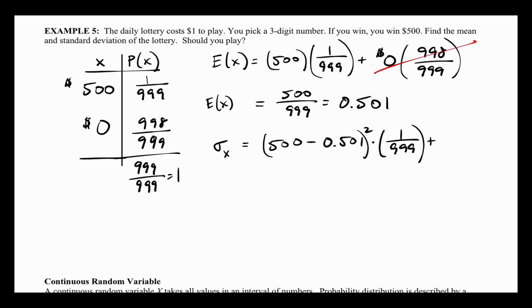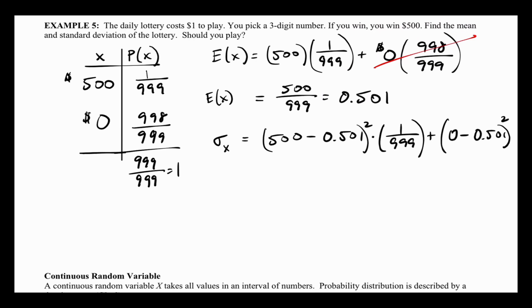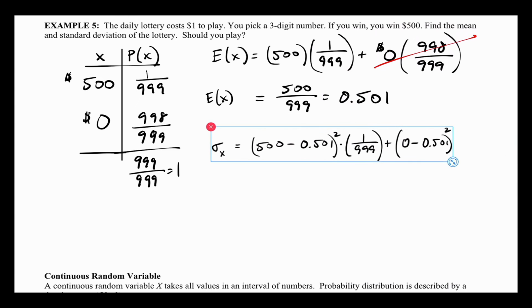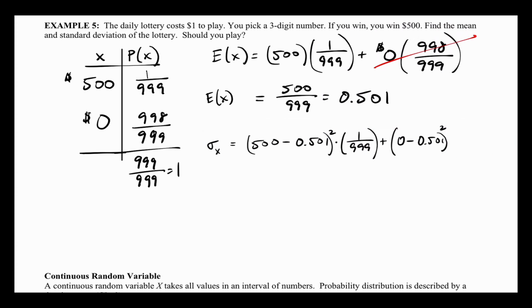Do it one more time: 0 minus 0.501, squared, times the probability, which is almost 1 whole, 998 over 999. And then we take the square root, right?